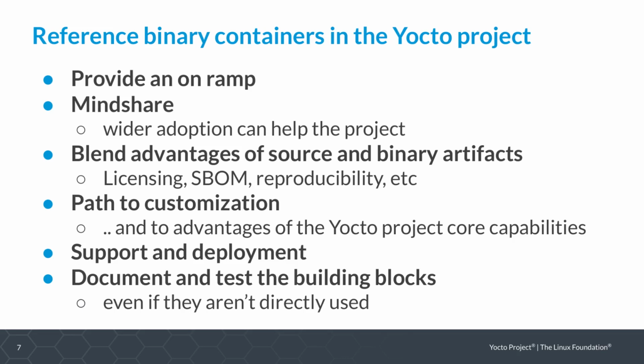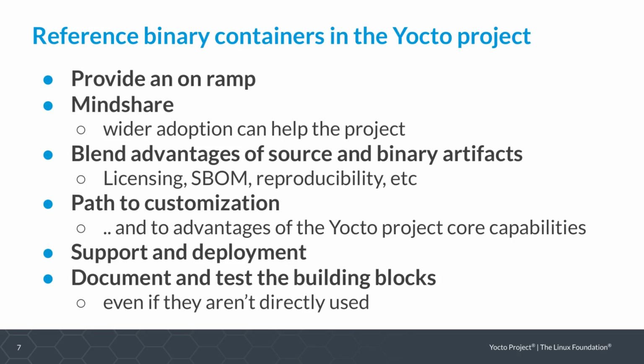The other goal is that we can easily blend the advantages of other parts of our build system, even though you're just consuming a binary or a bit you didn't have to build yourself. The SBOM, reproducibility, licensing, all that stuff is still there, and we can actually deliver it with the container, in the container, with the package feed. It's all still there, and you have an easier path to get back to it.